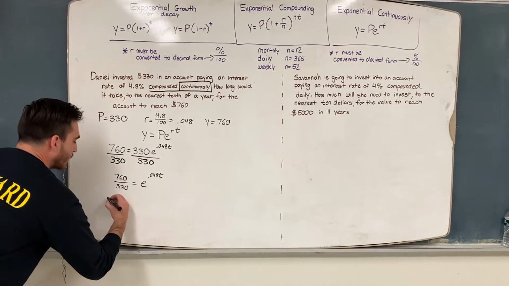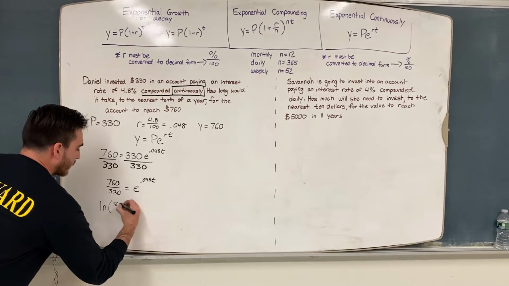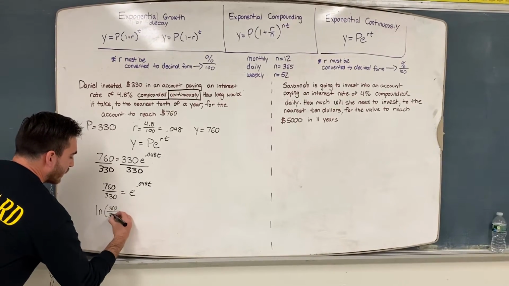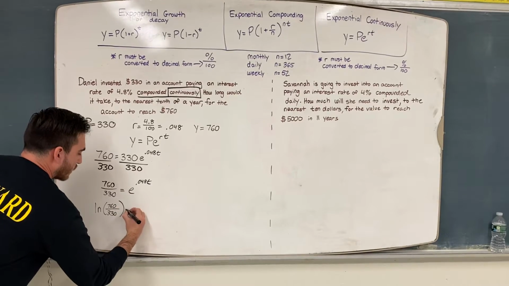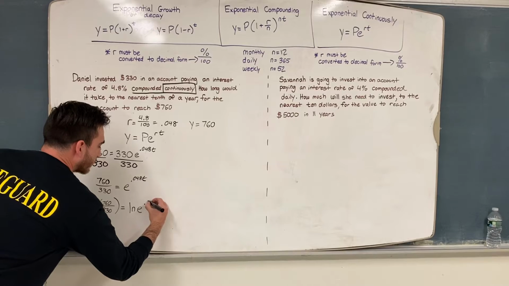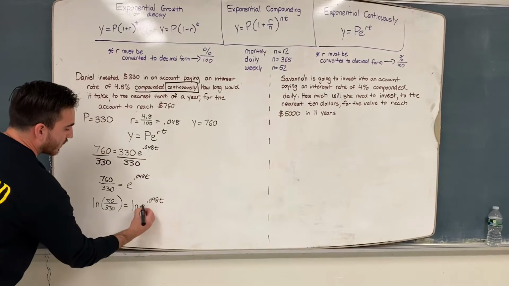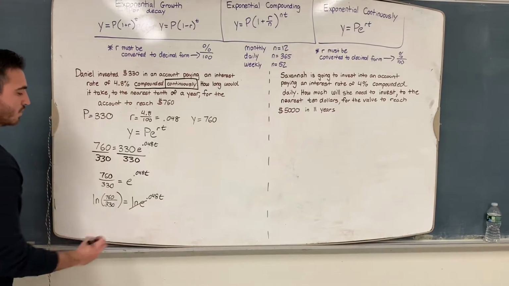So this is going to change into the ln of 760 over 330 equals ln e to the 0.048t. But as we discussed in class, this is going to cancel out.